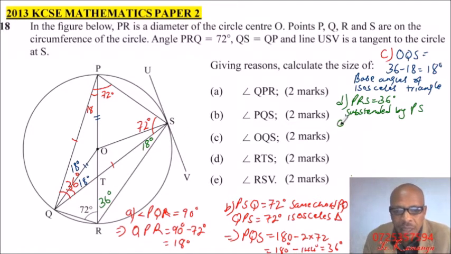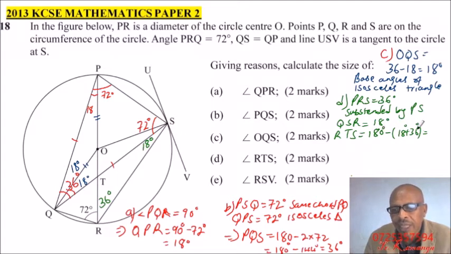So we say angle QSR is equal to 18 degrees. We can now get RTS, since we have this angle and this angle. RTS is equal to 180 minus 18 plus 36, and that should give you the answer in degrees.